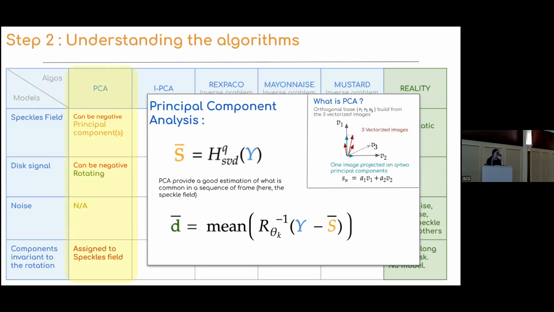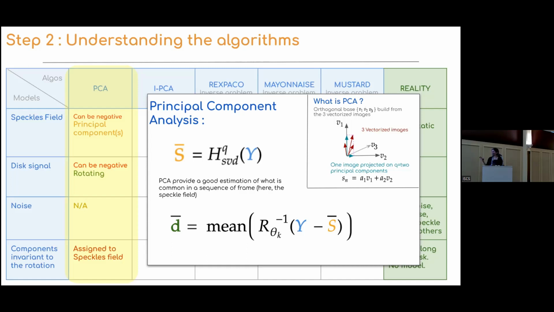We do the SVD decomposition, we get eigenvectors, and we project onto one or more principal components. In practice, that's a good way of estimating something that is common to a series of frames. So that's what we're going to use for our estimation of the speckle field. And then to get the signal, we remove our estimation of the speckle field. We do the mean.